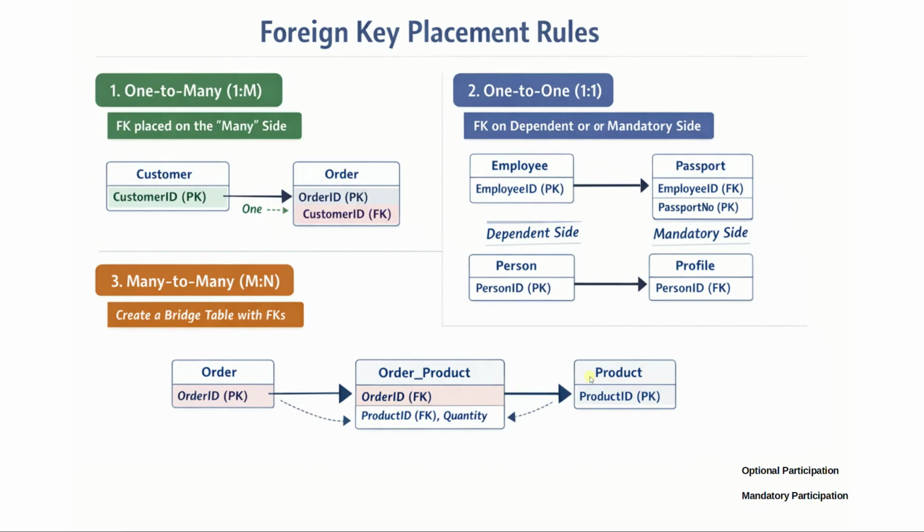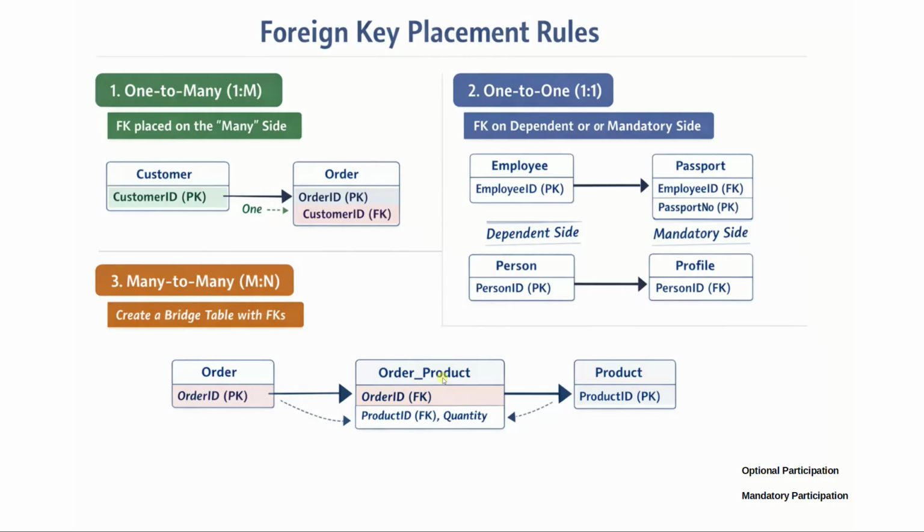The primary key of product and the primary key of order will come here and become foreign keys. And these two will combine to become the primary key of this order-product table. So these are the simple three rules.